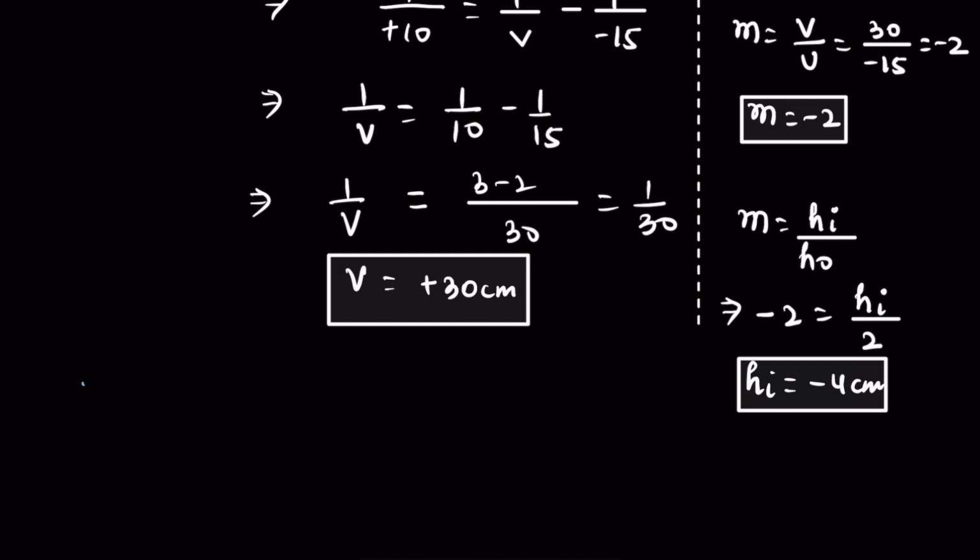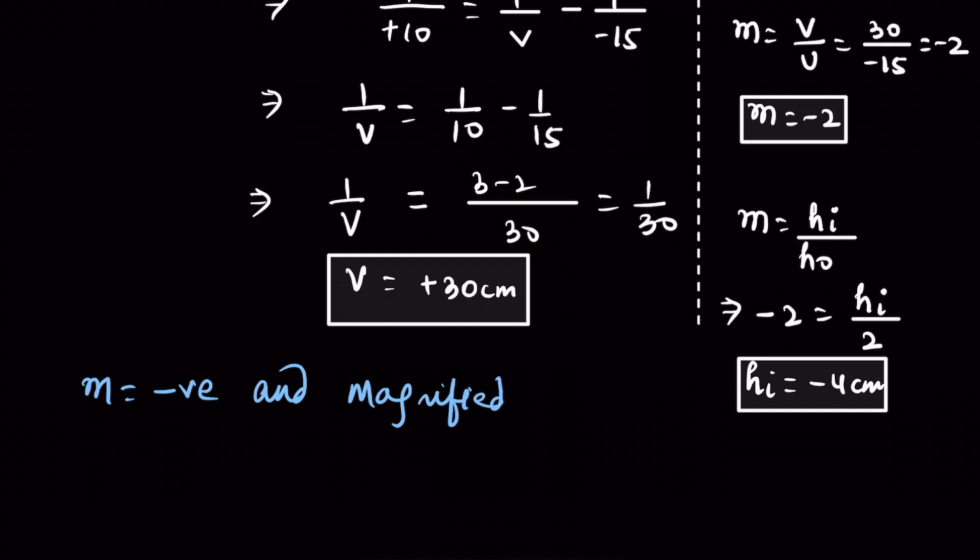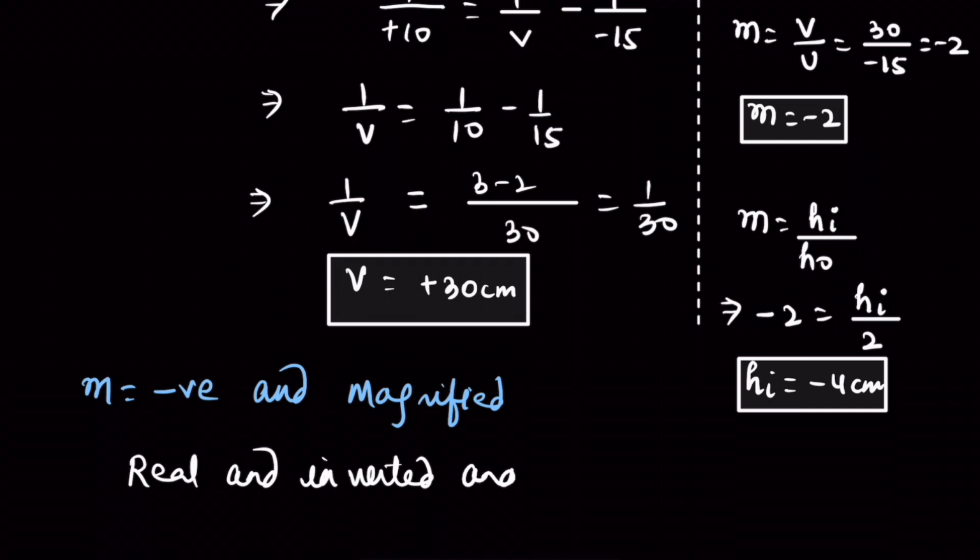When M is negative and magnified, so the image is real and inverted and magnified. So this is the nature of image.